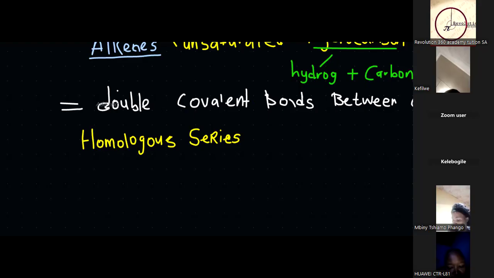Let me show you what I mean by this. So let's go back to the structural formula of ethene. We know that it has two carbons as well as a double bond.